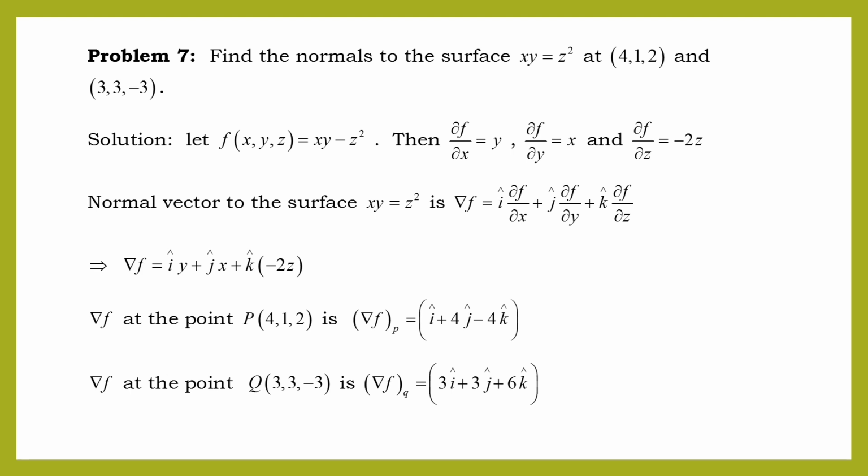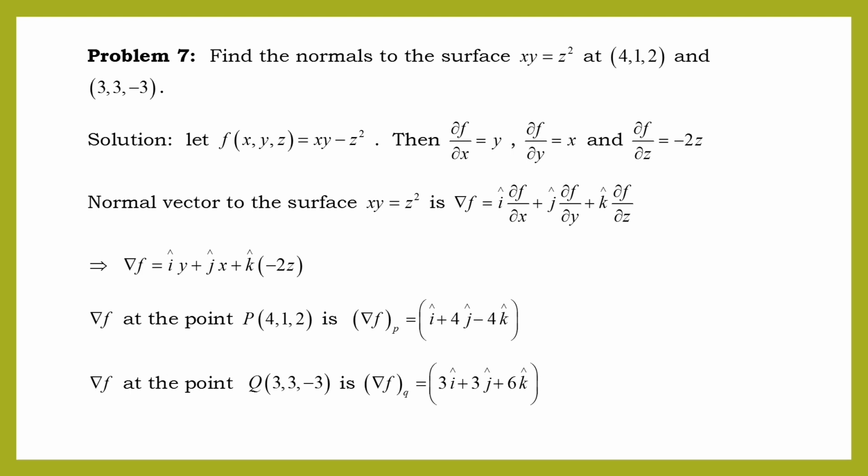If f of x comma y comma z equals xy minus z square, then dou f by dou x equals y, dou f by dou y equals x and dou f by dou z equals minus 2z.